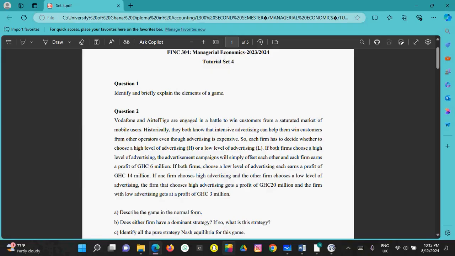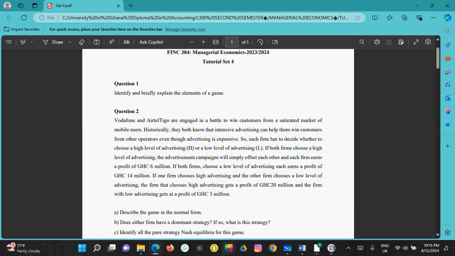Question 1 says we should identify and briefly explain the elements of a game. In our previous session on game theory, we spoke about the elements of a game. The elements of a game are the players, the strategy, and the payoffs. The players are the firms or individuals that make decisions. They are the people that play the game.